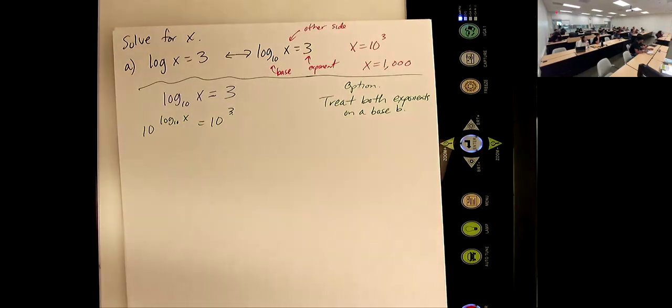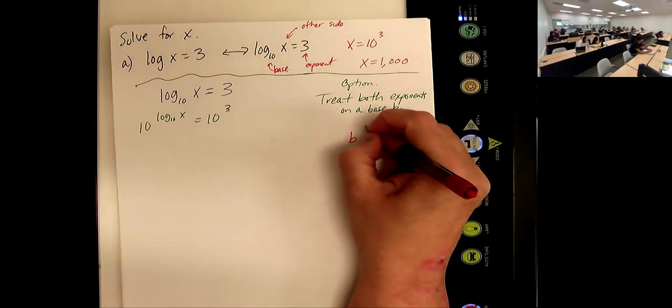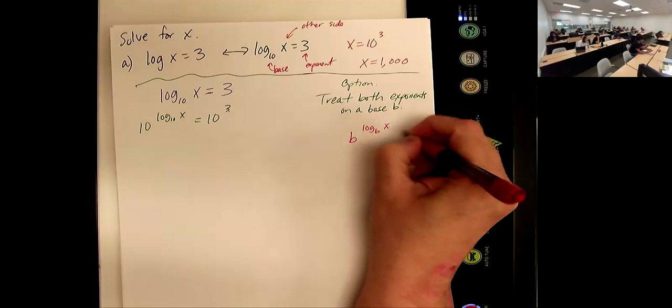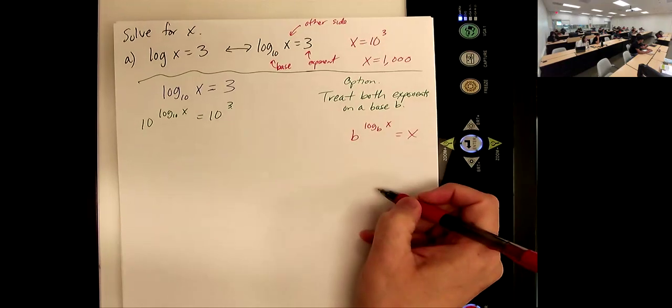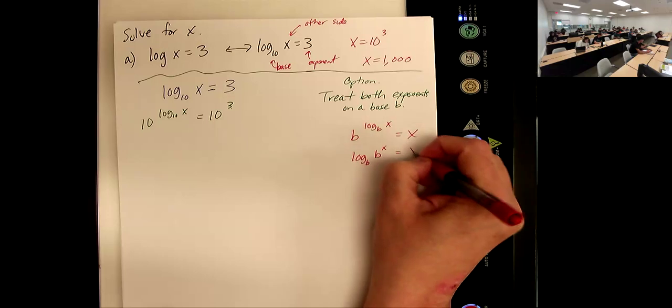This is related to the inverse functions. b to the log b of x equals x, and log b of b to the x equals x.